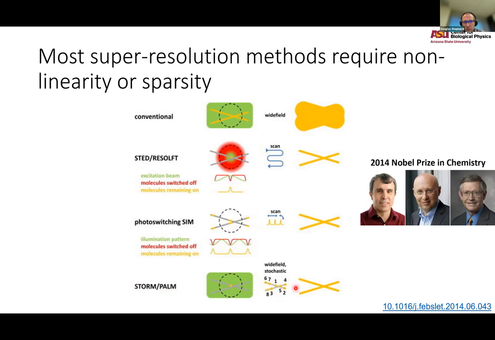So these three main approaches that really were what won the Nobel Prize all attempt somehow to introduce a nonlinearity so that you can generate a sparsity so you can measure these two structures with very little background. So instead, a beam is structured into a donut.